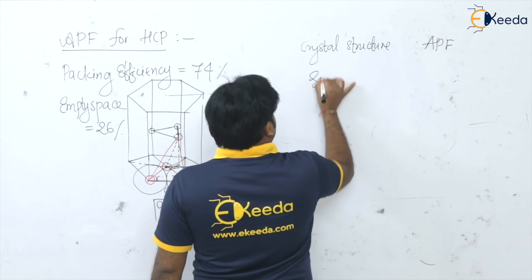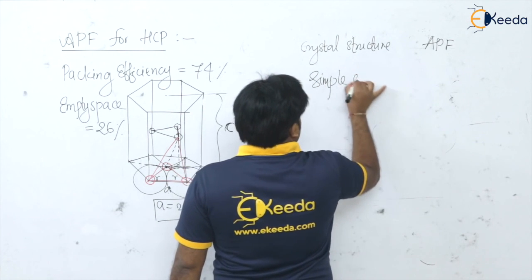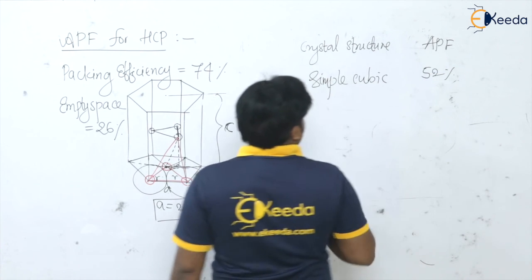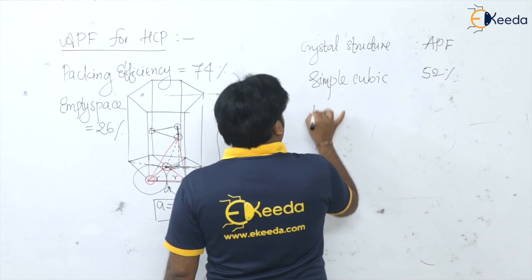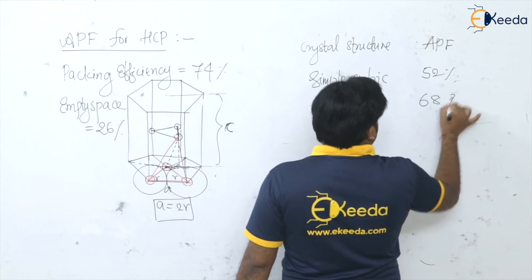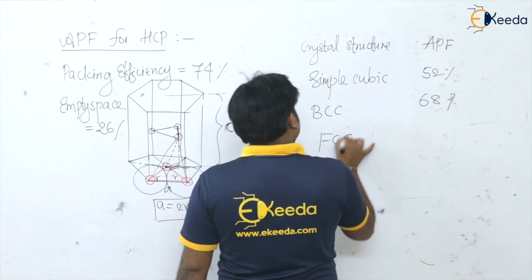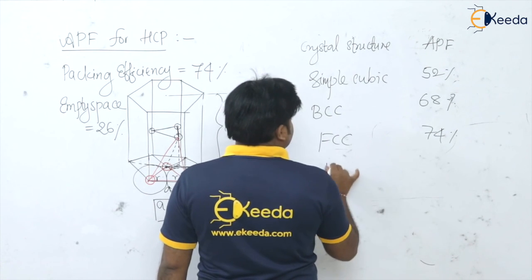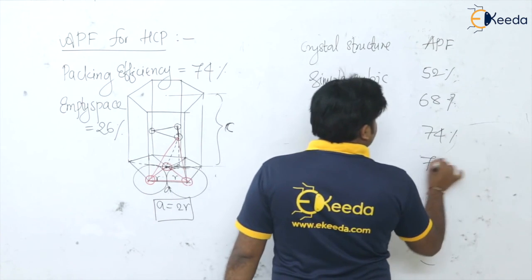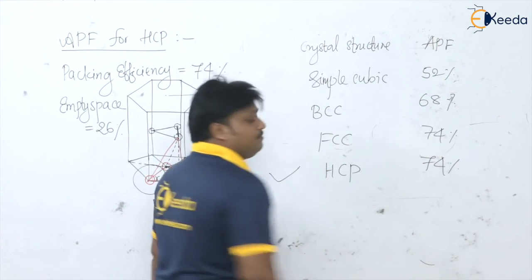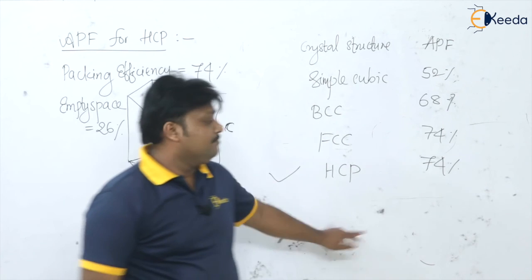Tell me, for simple cubic, it is 52%. For BCC, body centered cubic, 68%. FCC 74%, and HCP it is 74%. So very important. Okay, thank you.